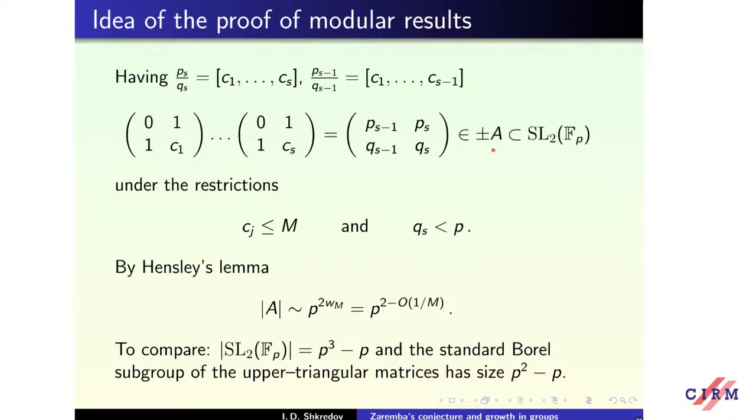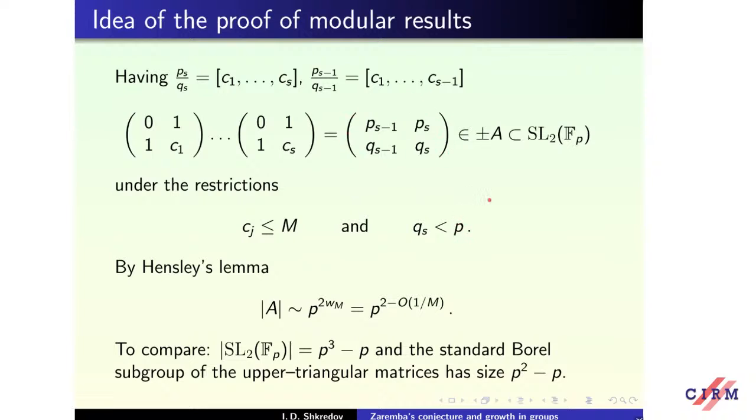I obtain a set of matrices from SL2(F_p), more or less. And of course, in the Rambus conjecture, I am interested in a_j bounded by M. That's my restriction.